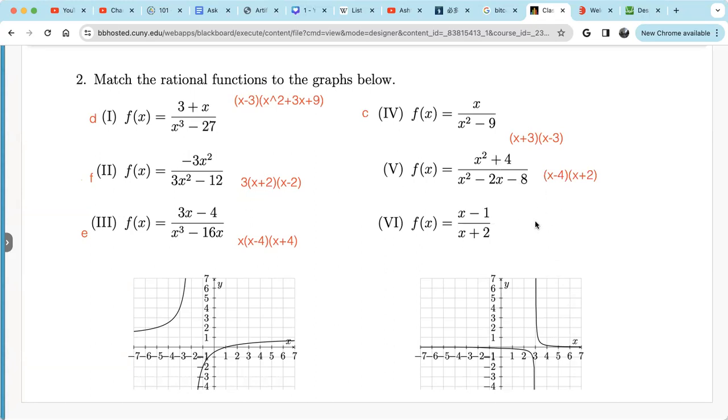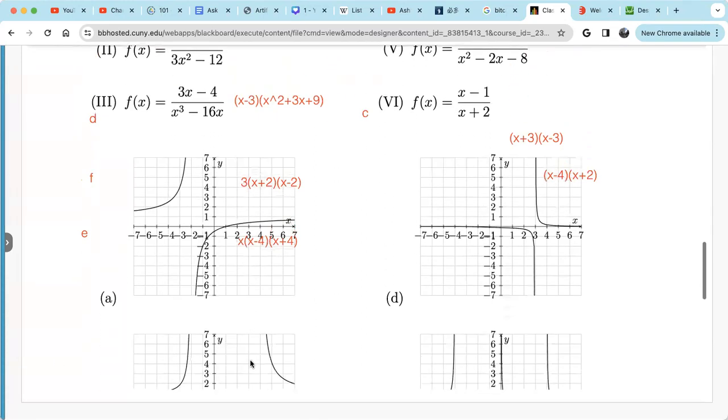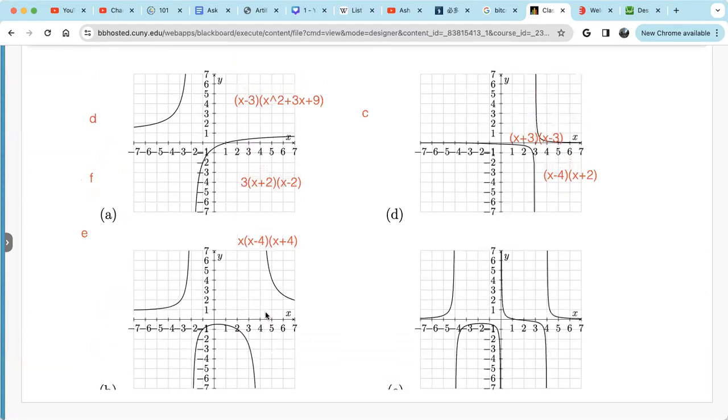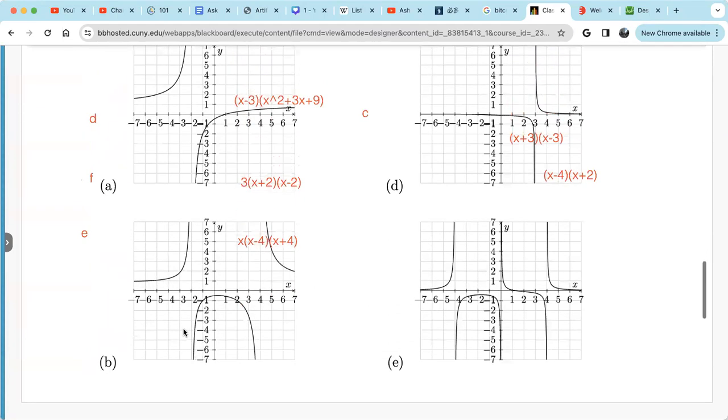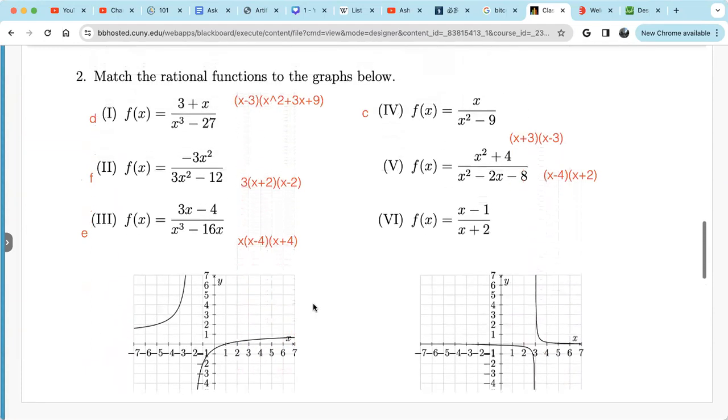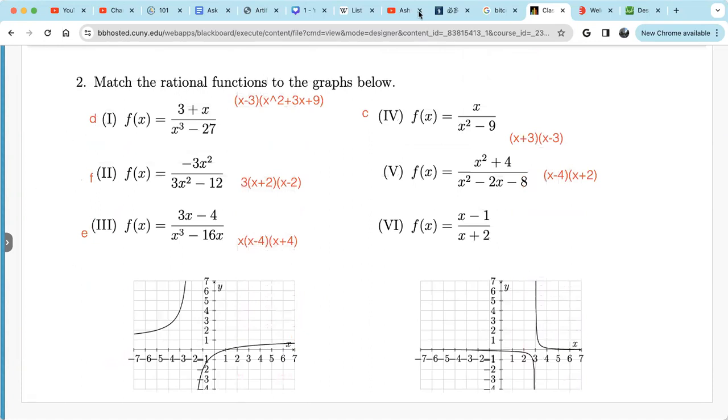So we have 4 and -2 as vertical asymptotes. So B, right? Vertical asymptotes at -2 and at +4. So it's B.